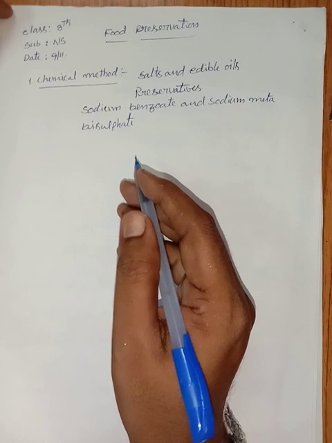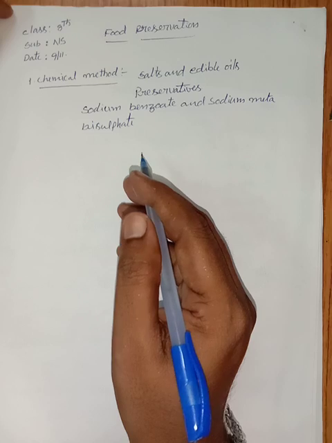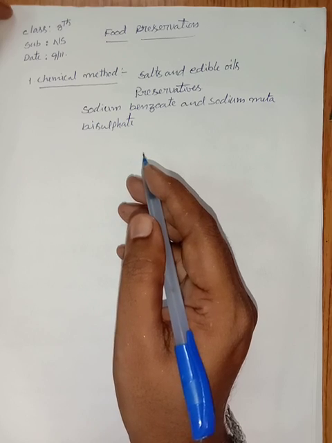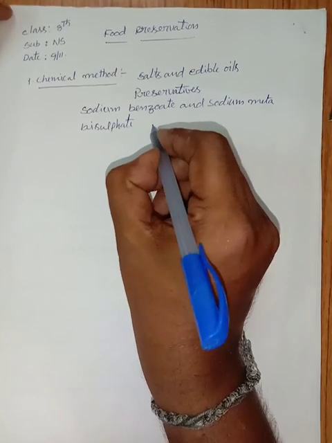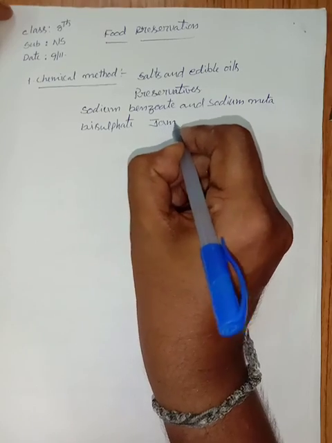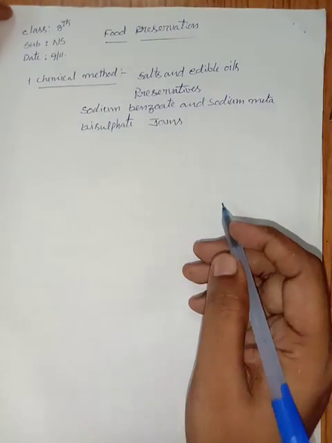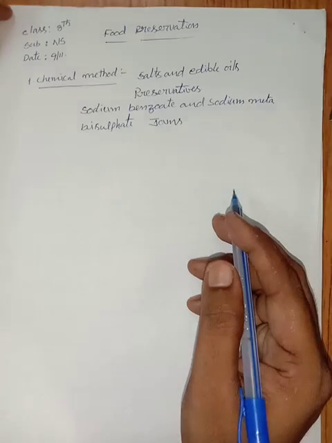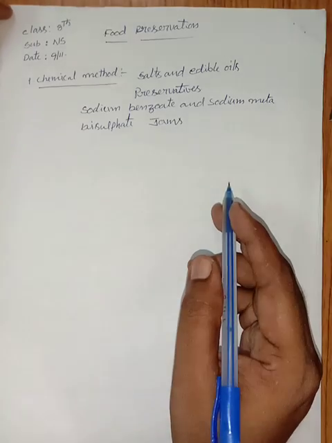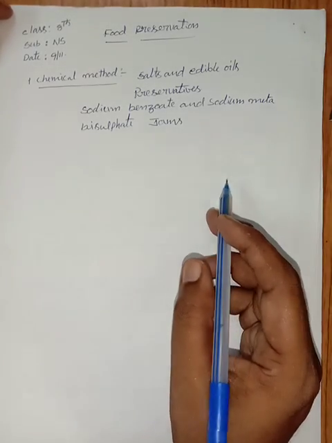These sodium benzoate and sodium metabisulfate are also used in jams to check their spoilage. Okay, children, once again, chemical method.